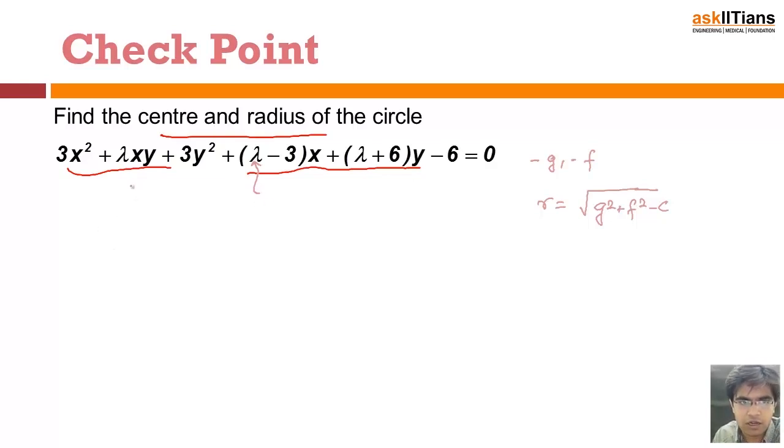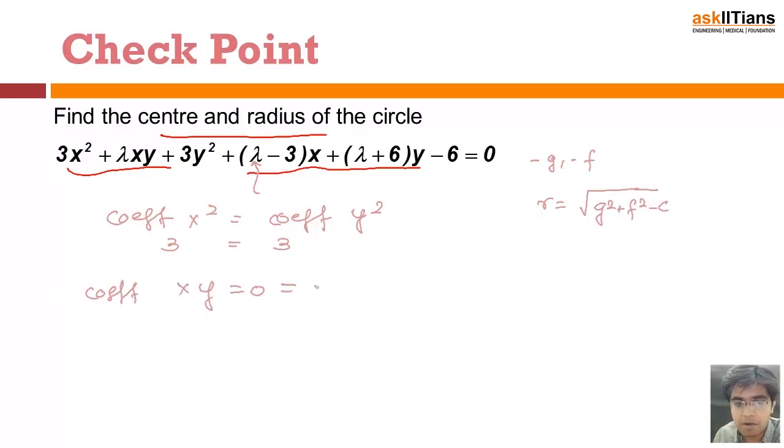First of all, I know that if this equation represents a circle, then coefficient of x square has to be equal to coefficient of y square. This is my first check. So it is equal, as I can see that coefficient of x square is 3 and coefficient of y square is 3. Now I'll move to the second condition. That means the coefficient of xy term has to be 0.